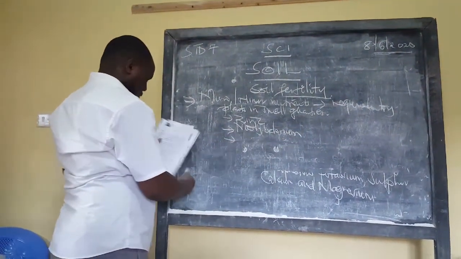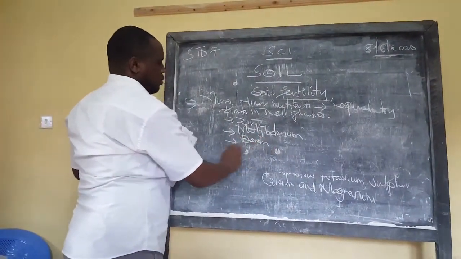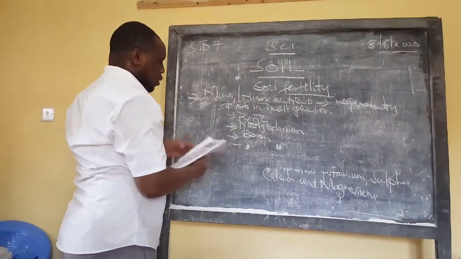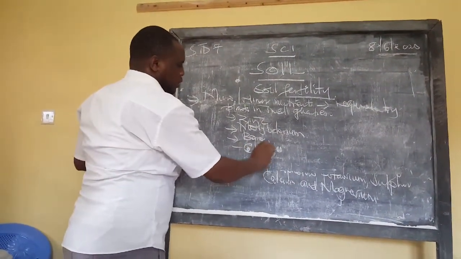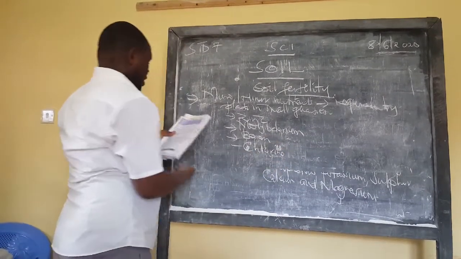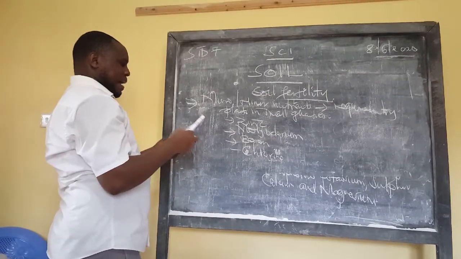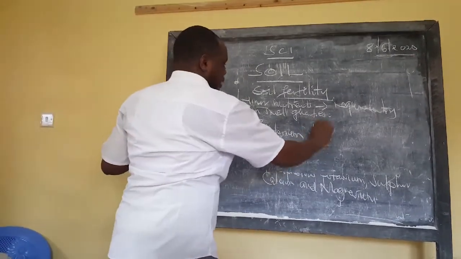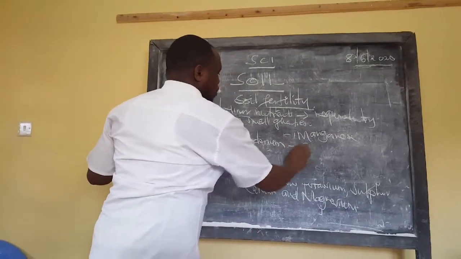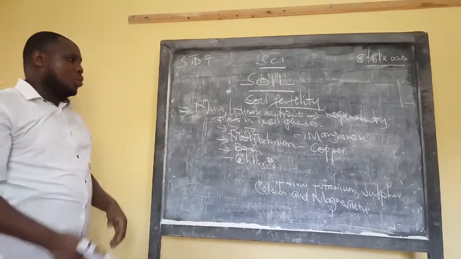We have others like boron. We have others like chlorine. And lastly, we have manganese. We have copper. All these are required by plants in small quantities.